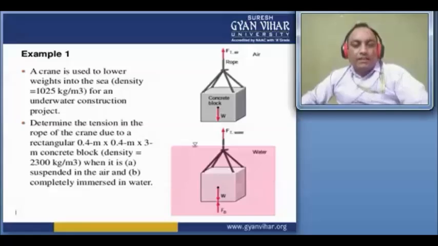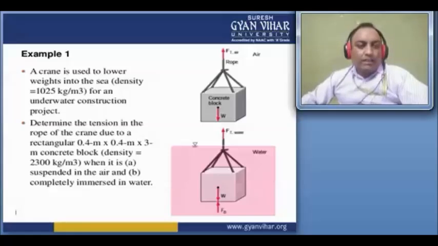This is the first numerical problem, example 1. A crane is used to lower a weight into the sea, with density 1025 kg per meter cube, for an underwater construction project. Determine the tension in the rope.